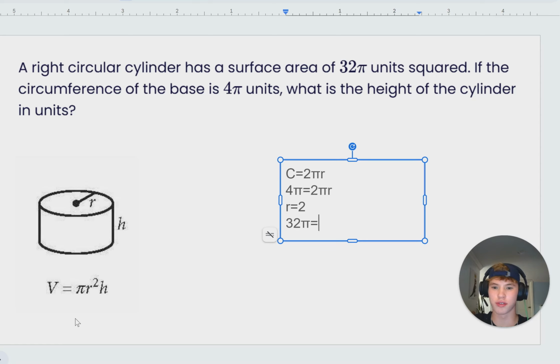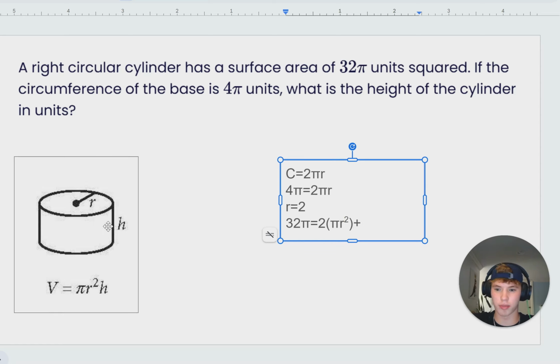Now the surface area of this circular cylinder is the area of the base plus the area of the middle part plus the area of the base at the bottom. So we can plug in 2 times pi r squared plus the area of this middle band, which is the circumference times the height.